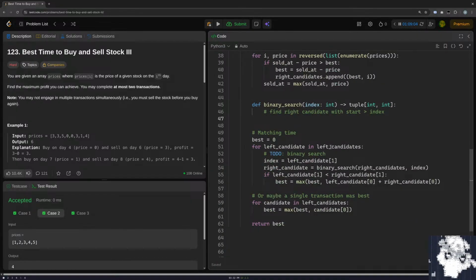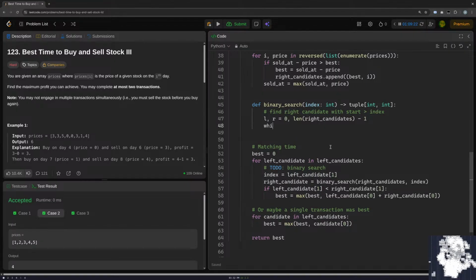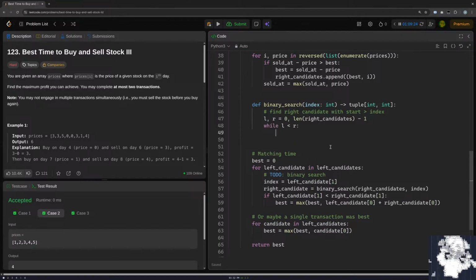All right, so binary search, you've got the left side, you've got the right side. It's equal 0 and len of right candidates minus 1. While the left is less than the right, you either shrink to search the left side or you shrink to search the right side.